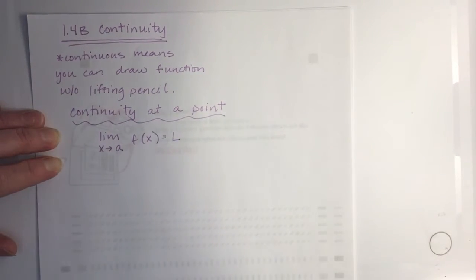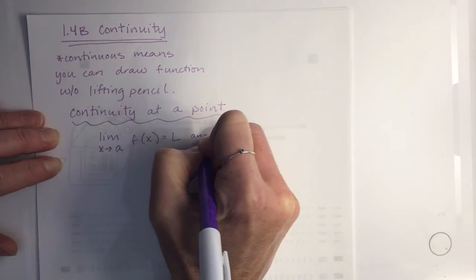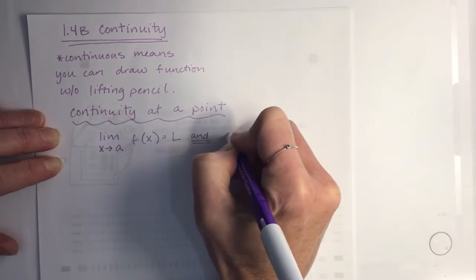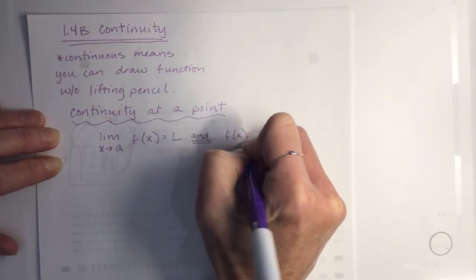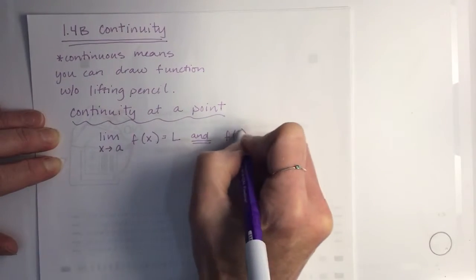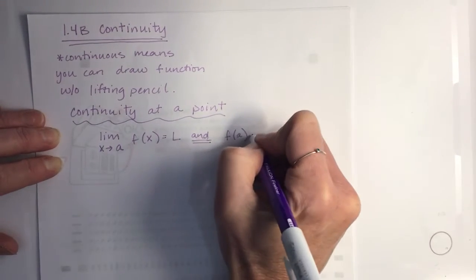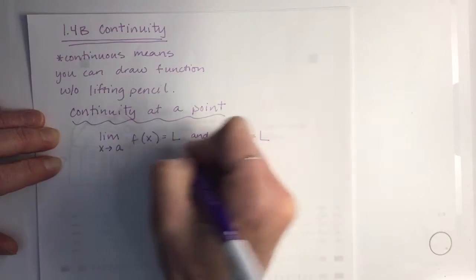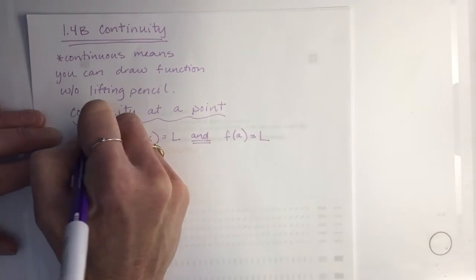And this is the big thing: if I do the direct substitution into that function, I get the same number, L.